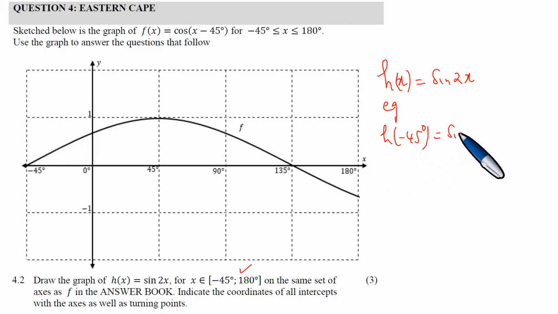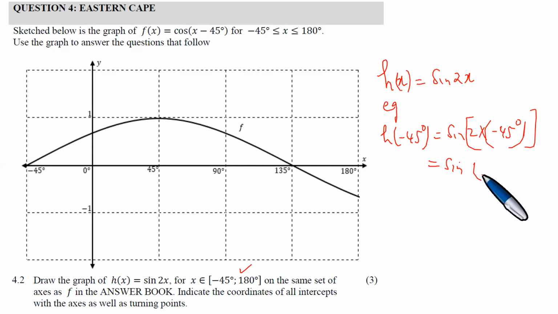We have the sine of 2 times -45 degrees, which is the sine of -90 degrees. What is the sine of -90 degrees? We can use a calculator. It is -1. Which means at -45 degrees, you have -1.